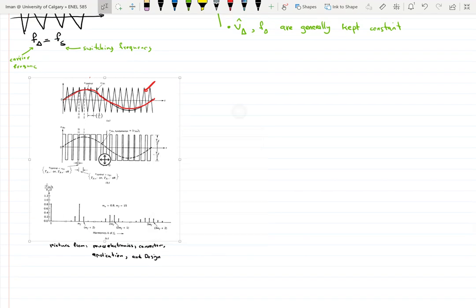So what we have at this waveform here. So VDC over 2, and we would have this. And when V control is less than V triangle, we would have negative VDC over 2. So this is our output voltage, and as you can see, it pulsates between positive VDC over 2 and negative VDC over 2.